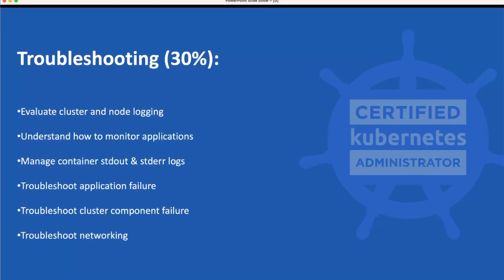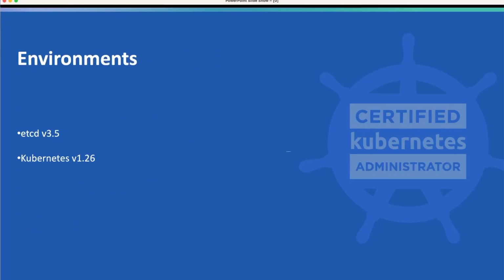The other thing you need to know is that the CKA environment is currently running etcd 3.5, and the Kubernetes version is 1.26, and you should be familiar with these versions and their features.